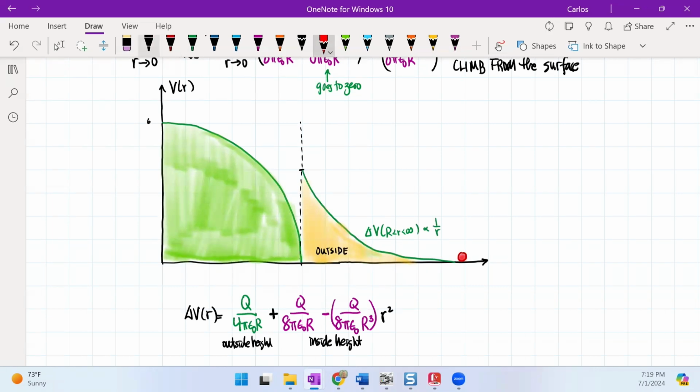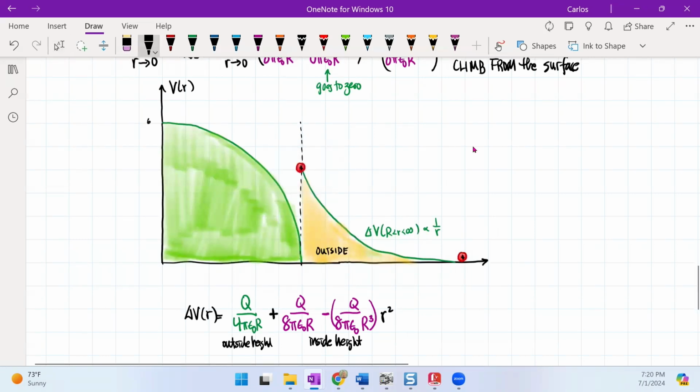So now this little test charge has climbed all the way to the surface here. I'm at the surface right here.